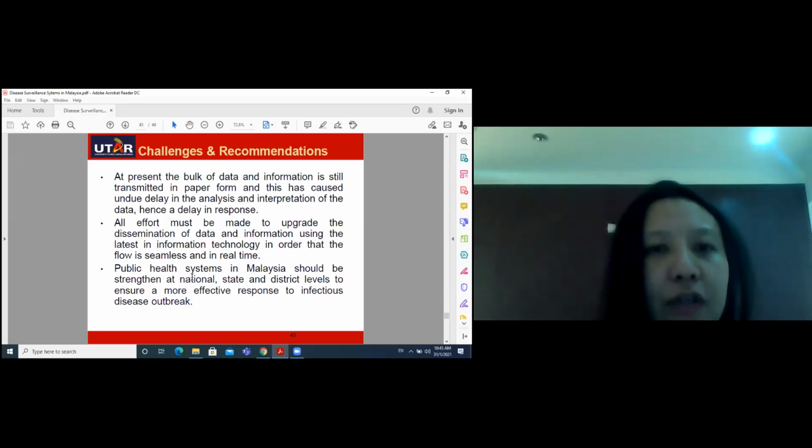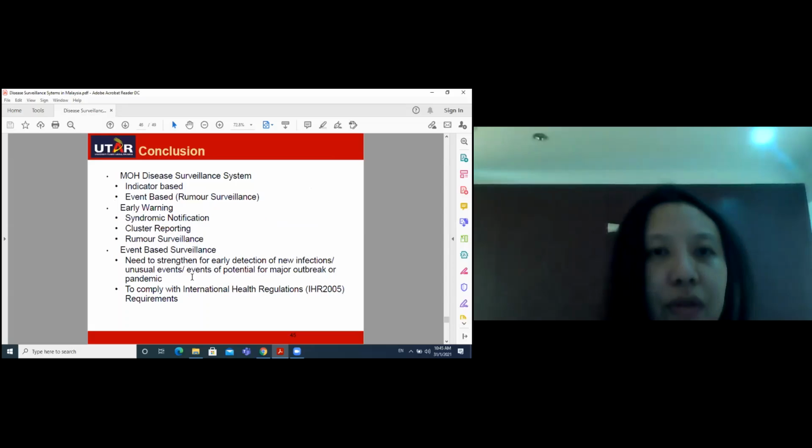All effort must be made to upgrade the dissemination of data and information. We should use one system to collect all this data. And public health systems in Malaysia should be strengthened at national, state, and district levels to ensure a more effective response to infectious disease outbreaks.